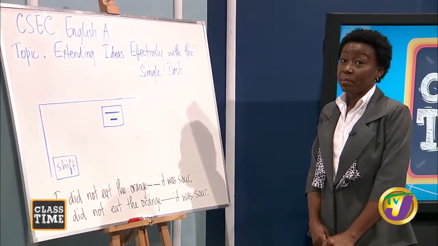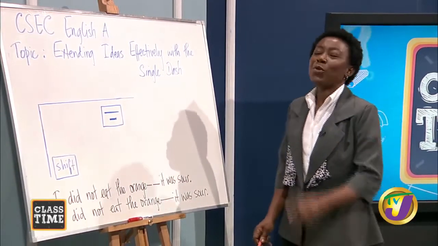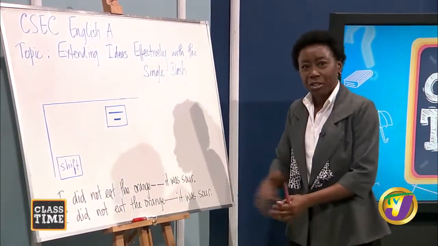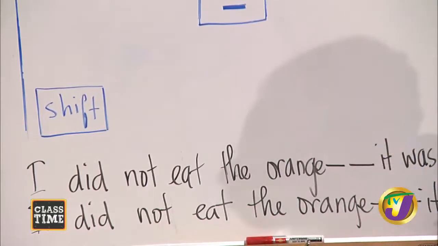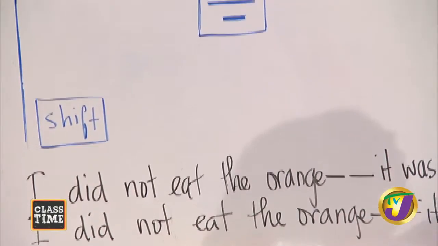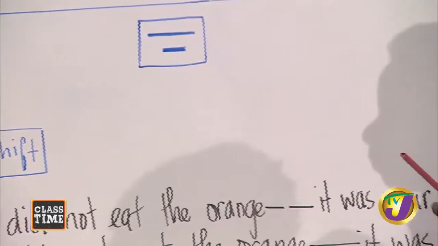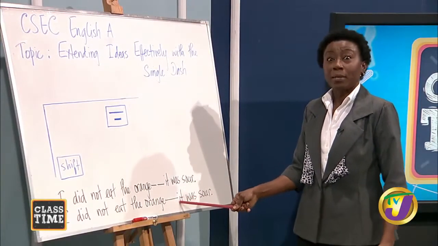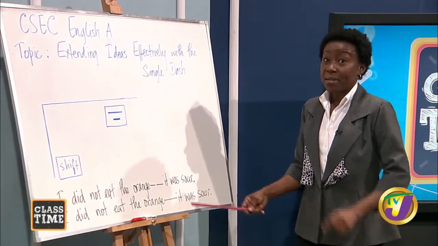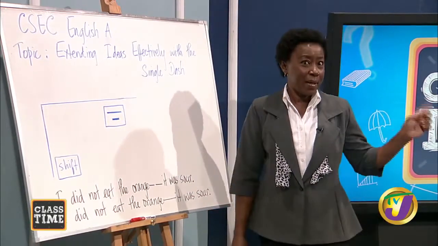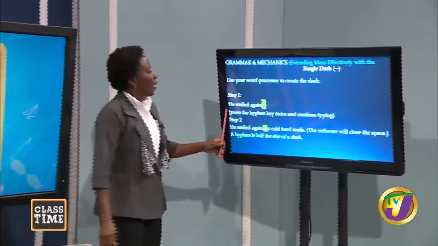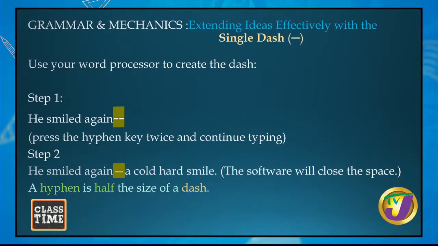Should I do it again? All right. When you are typing, so you type, I did not eat the orange, and you tap, tap, it was sour. Automatically, your word processor will connect the 2 and give you 1. Try it. Okay then, let's go back to the board screen. So, he smiled again. Tap, tap.